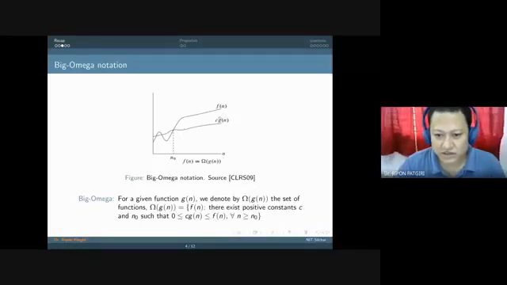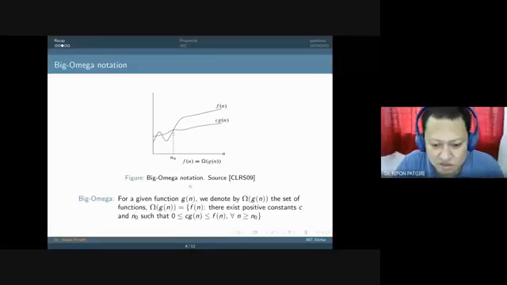Then f(n) is equal to big omega of g(n). In the last class we have already discussed that there is a positive constant n naught, from n naught and onwards, that means n naught and right side, and n naught and backward.